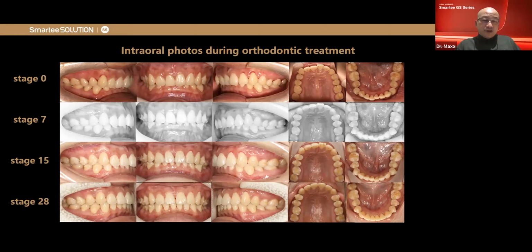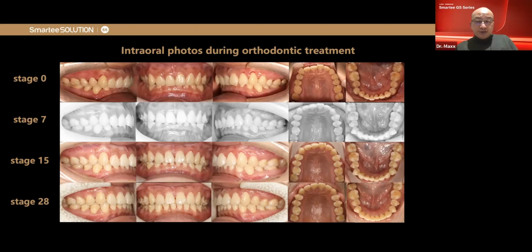Stage 15, and at last, stage 28, the deep overbite is quite improved, and the retroclined upper anteriors are quite upright. So it seems the upper front is controlled quite good.